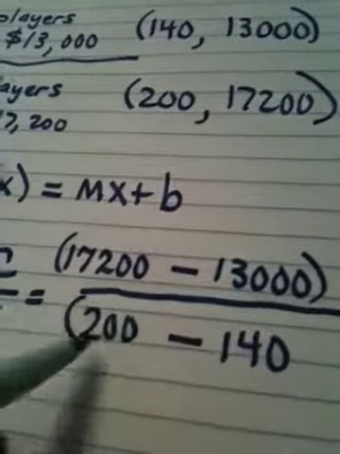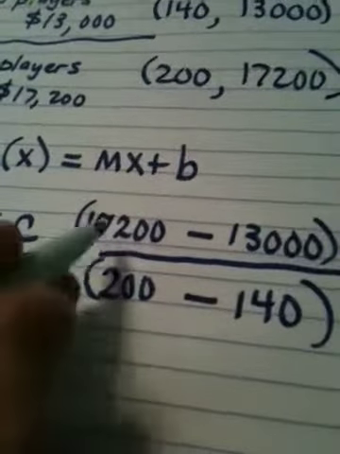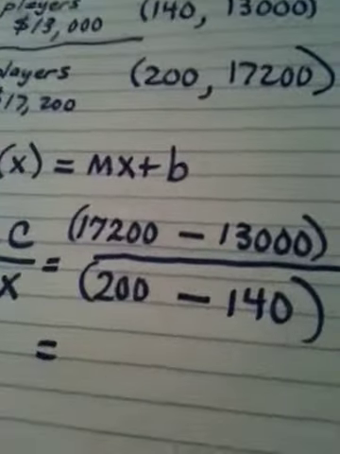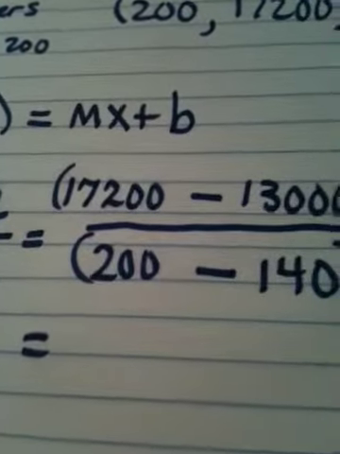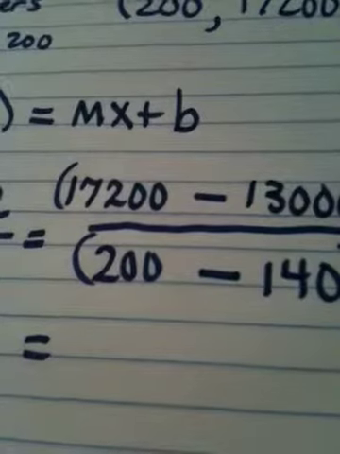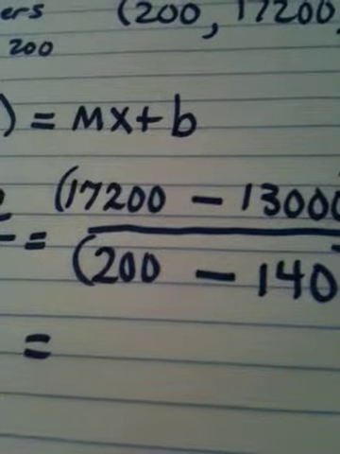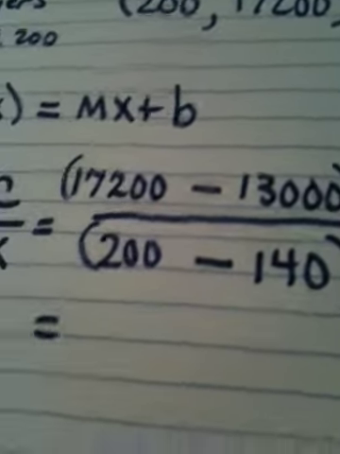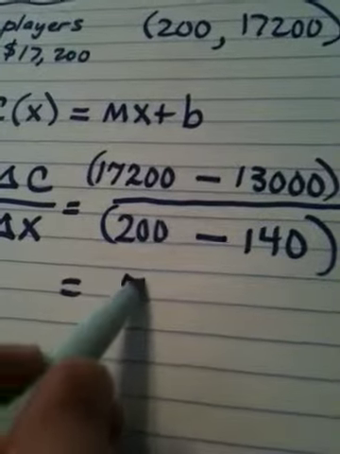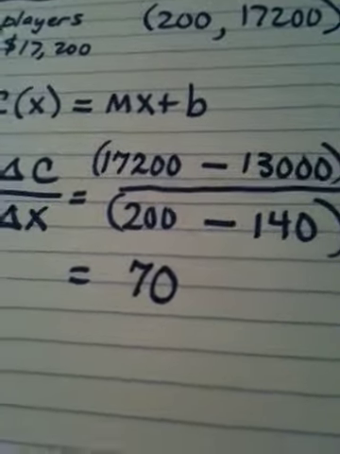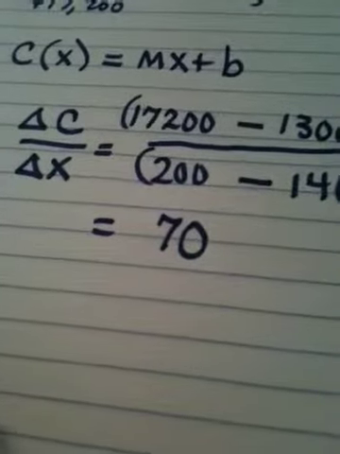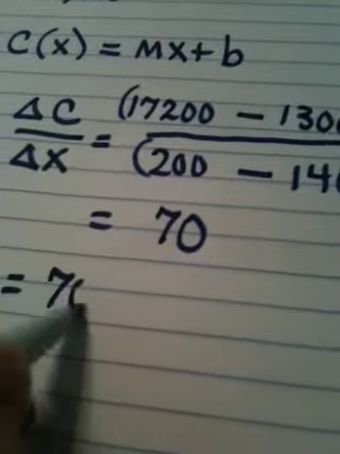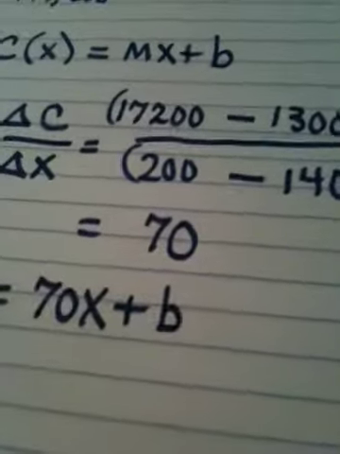I put parens around each of these because it's a grouping. It's this entire thing divided by this entire thing. And I enter it in the calculator just as you see it. And when I enter that into the calculator, I come out with the number 70. So we know C of x equals 70x plus b.